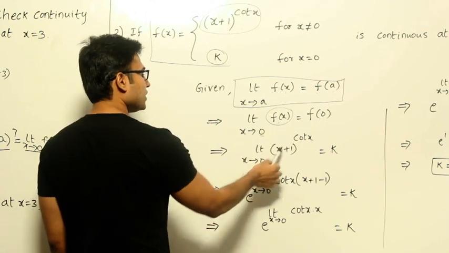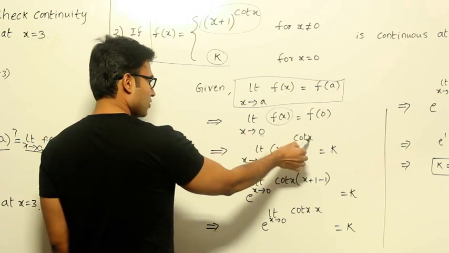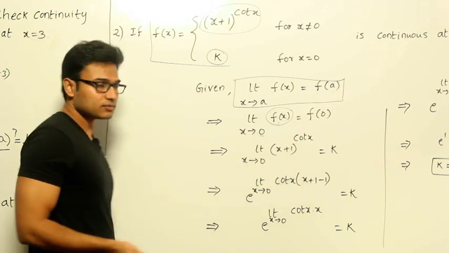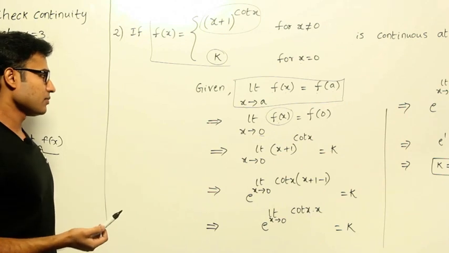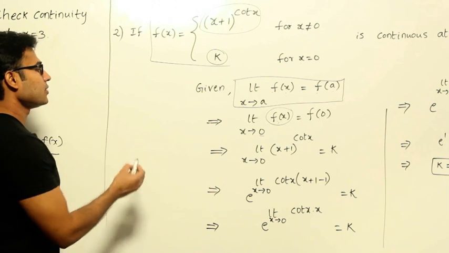Now if you substitute x equal to 0 here, I am going to get 1 power cot 0, and cot 0 is infinity, which means it is 1 power infinity form, right? Now whenever we get 1 power infinity, we know this formula.